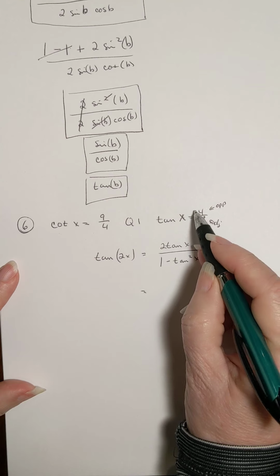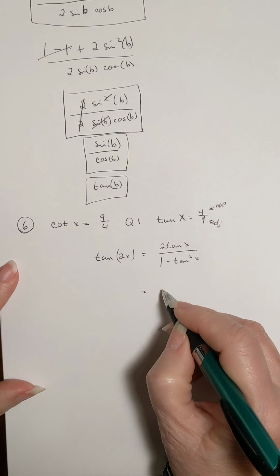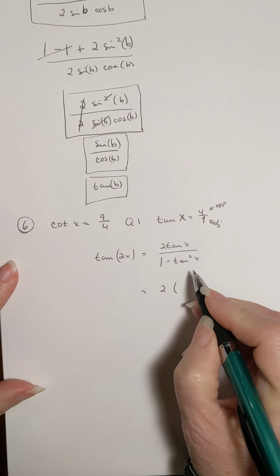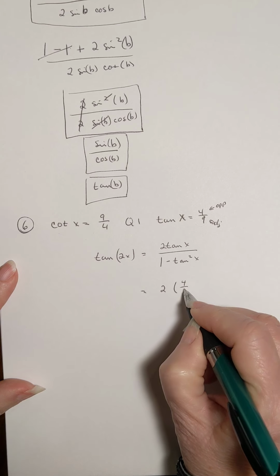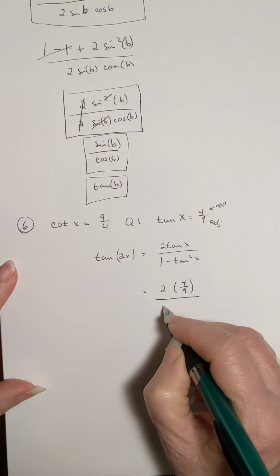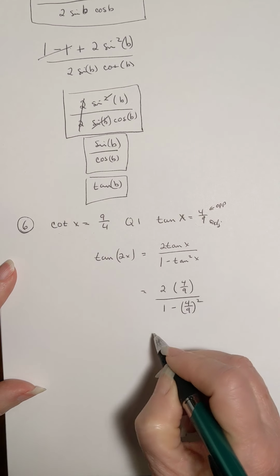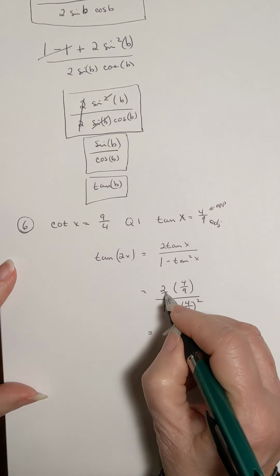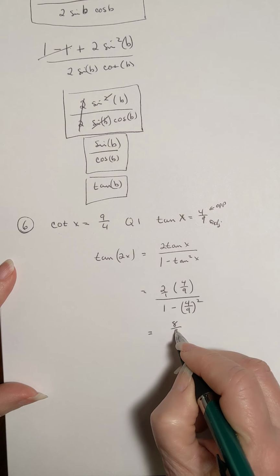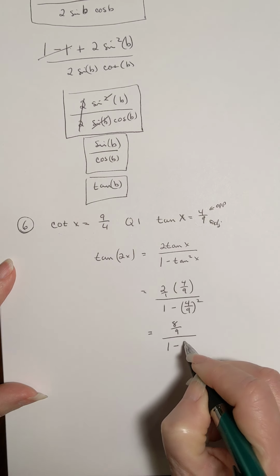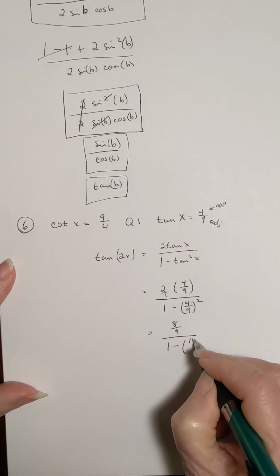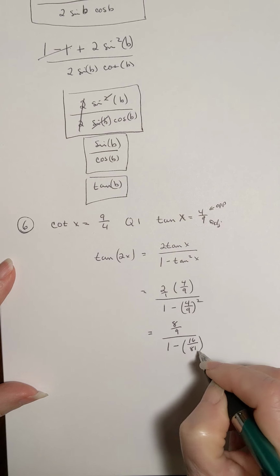So now let's just plug in 4/9 for the tangent of x. So this would be 2 times 4/9 over 1 minus 4/9 squared. So I get 8/9 over 1 minus 16 over 81.